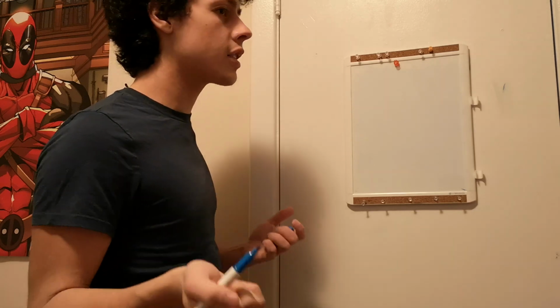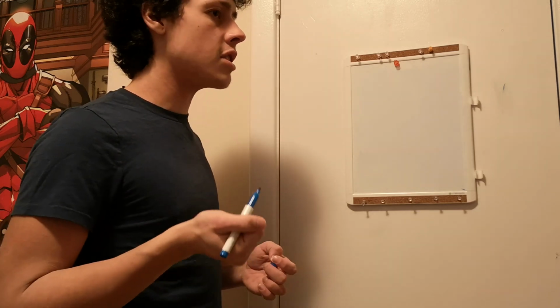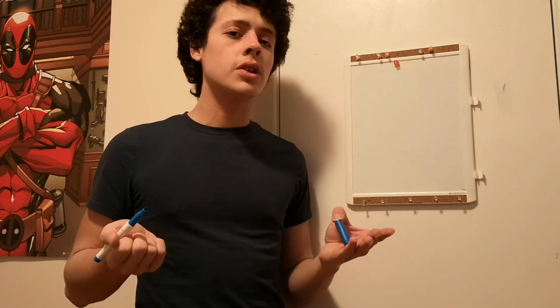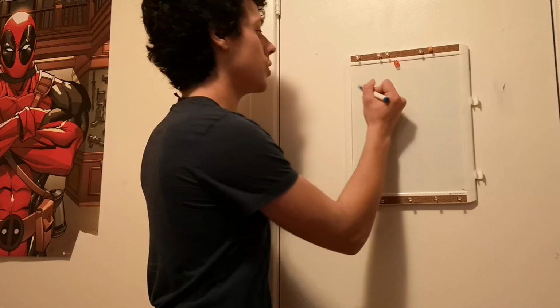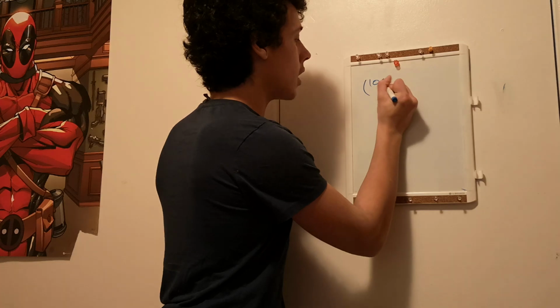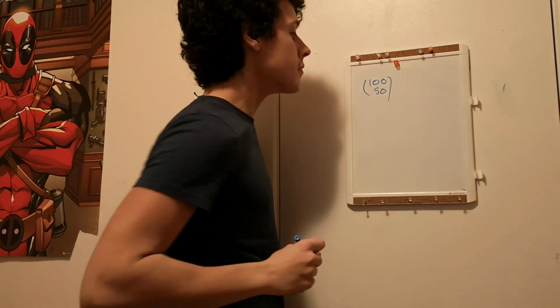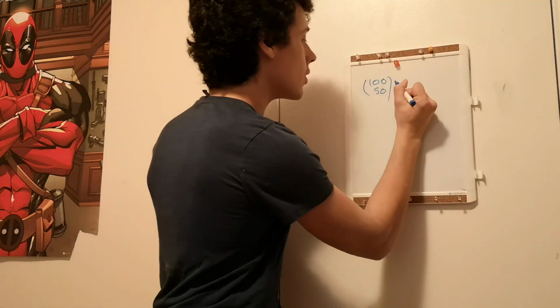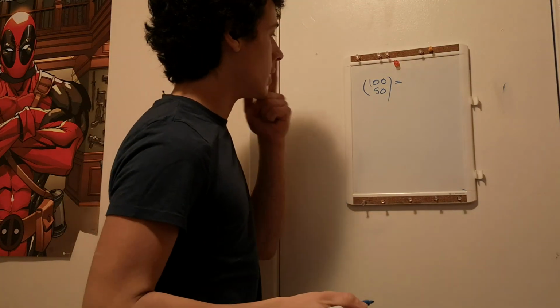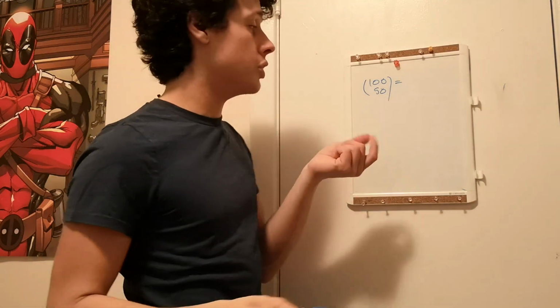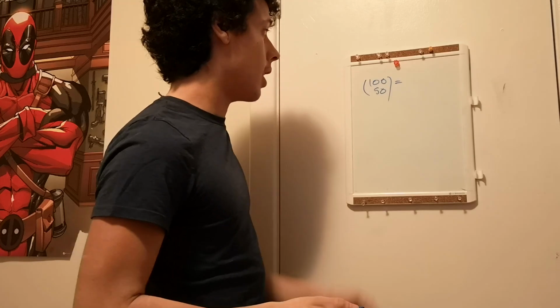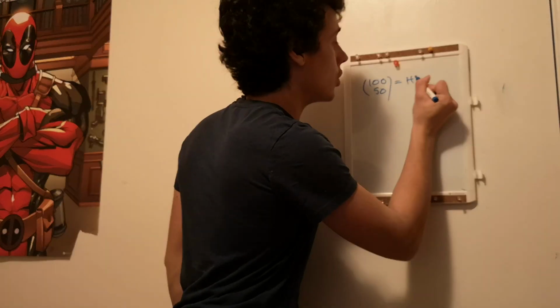So the way you could calculate that is maybe using the choose formula. You just choose 50 out of 100. So you do 100 choose 50, and the number that you get there is probably huge, and I'm not going to write it out. I'll just write huge.